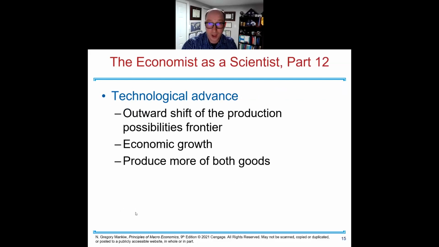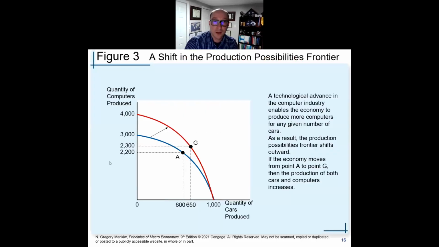We use technology to help us in our production. So as technology improves, such as the use of artificial intelligence, we're advancing our ability to produce more goods and services. So as I am manufacturing more computers and cars, I'm using improved technology, such as artificial intelligence and robotics. The idea is that we're producing more economic growth. So as our technology improves, there's a shift in our production possibilities frontier to the right.